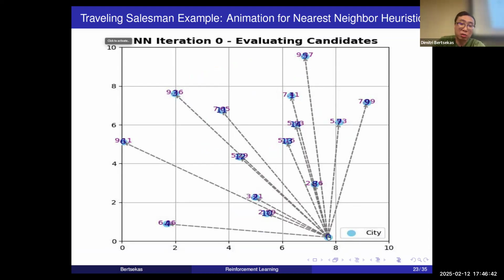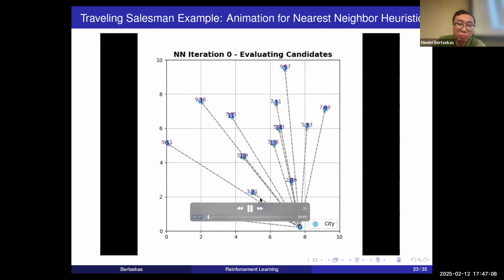And starting from city 0, we want to find the shortest complete tour that goes back to city 0. You can, of course, do dynamic programming, but as you may expect, the computation is daunting. Or alternatively, you can use the nearest neighbor heuristic, which is what I'm going to show right now.